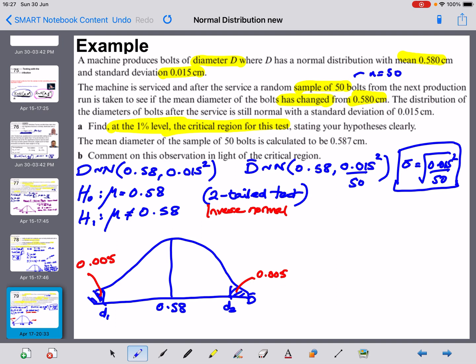Okay, that'll tell you what D1 is. So at the left-hand tail, that'll tell you that that is 0.5745.